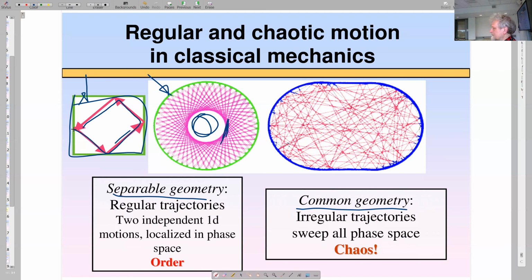This is because, like in our example waveguide, two-dimensional motion can be separated into independent motions. In that case, with respect to x and y, in this case, in radial and angular direction. So that's an example of separable geometries.